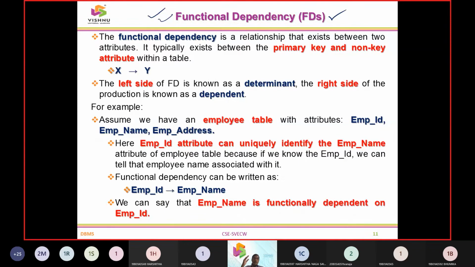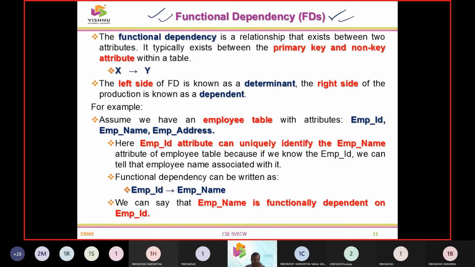When we use the word functional dependency, we will understand the data in a table, and we will look at what position we can break up or divide the table. That is where the functional dependency exists.